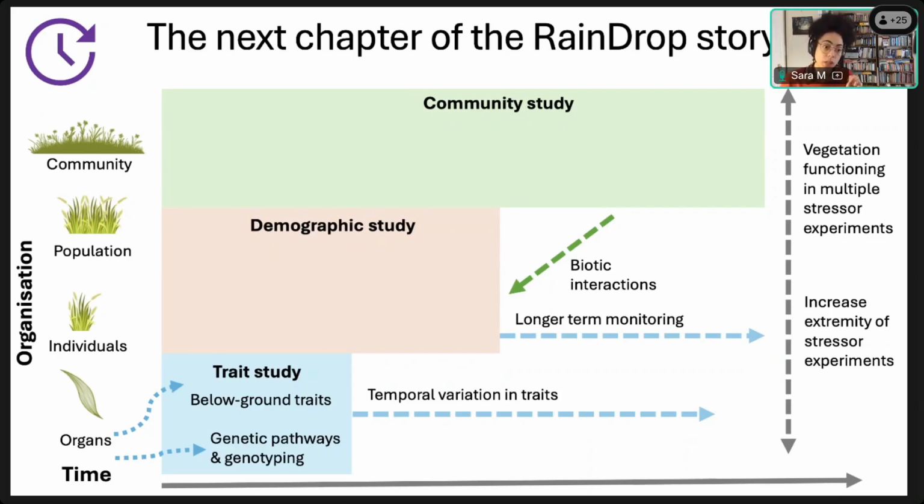It'd be interesting to see whether we see these responses repeatedly over the years. For the demographic study, it'd be interesting to have longer term monitoring, especially for a species that has such a long lifespan, and to characterize the biotic interactions more formally.